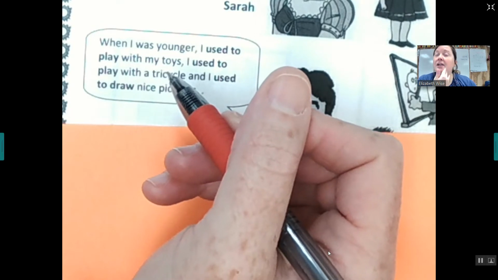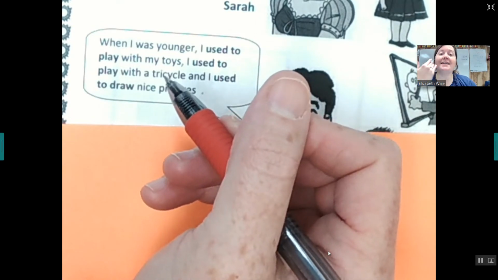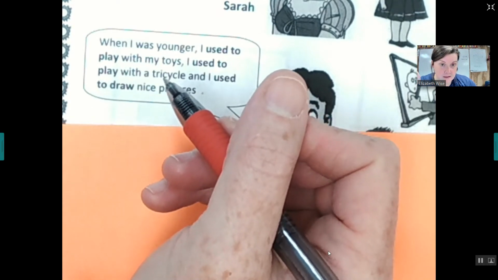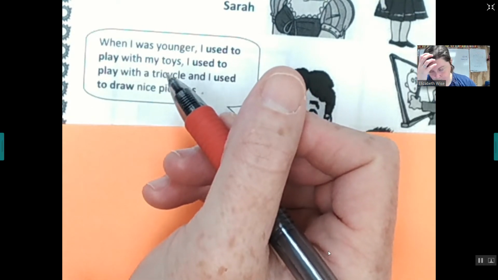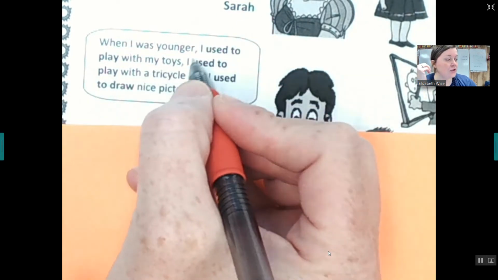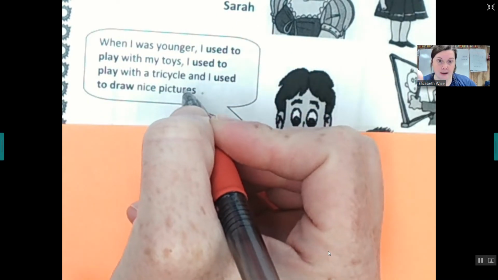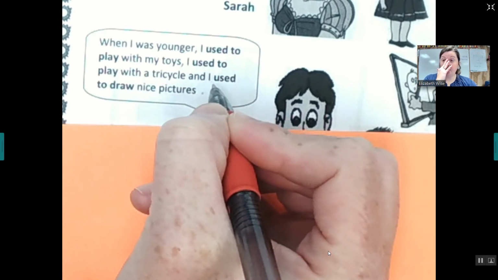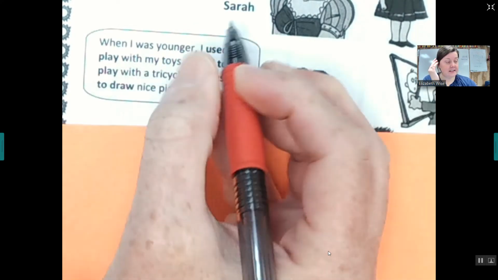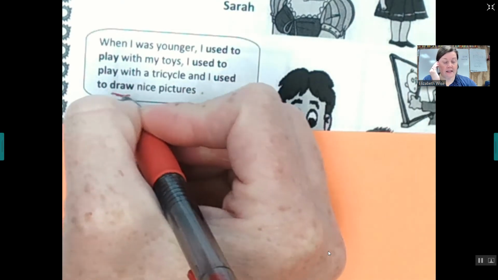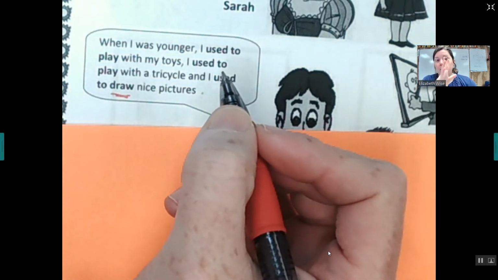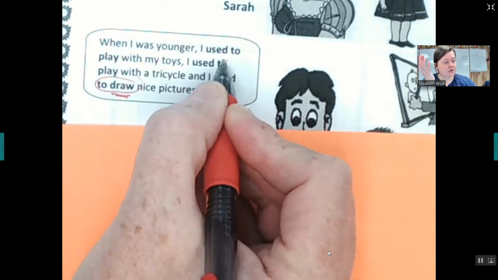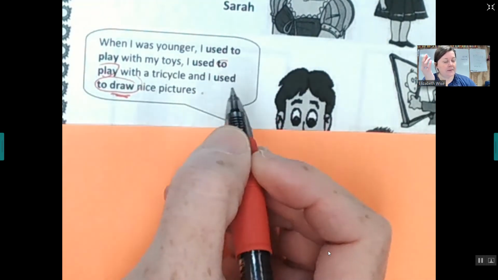So instead of saying "I played with my toys", which is also correct, with the ED, you can say "I used to play with my toys". I used to play with a tricycle, and I used to draw nice pictures. You can see the second verb is in the positive, like an infinitive. I used to draw. I used to play.